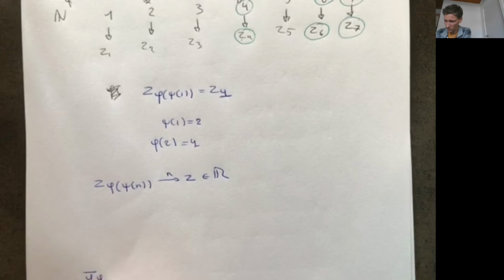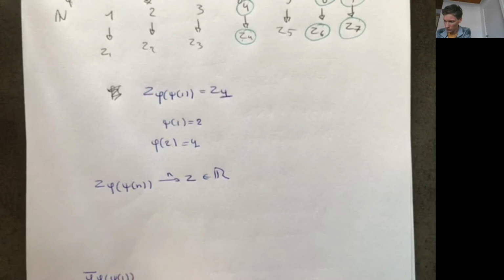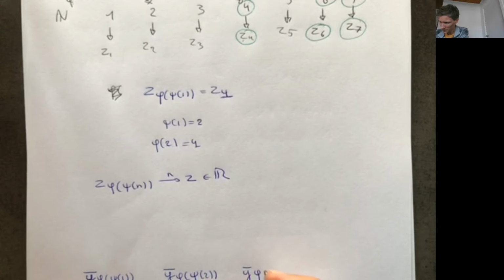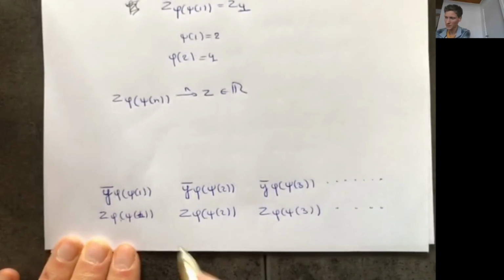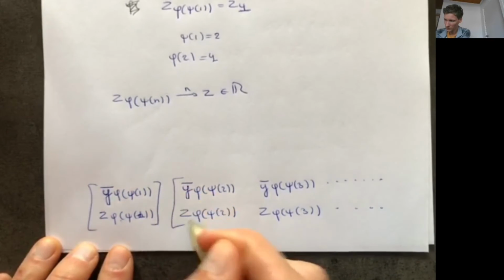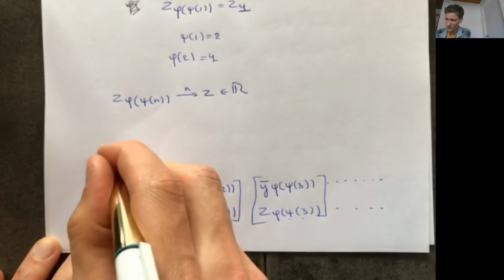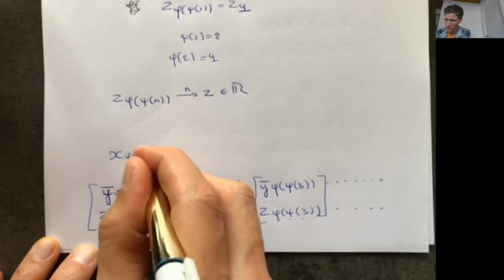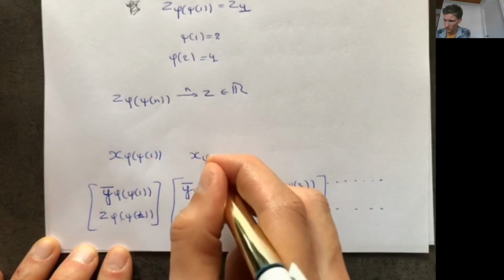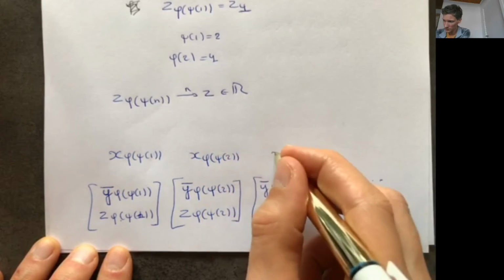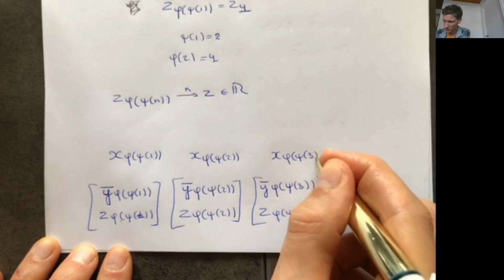So we can look at y of phi of psi of 1, y of phi of psi of 2, y of phi of psi of 3, and so on. Basically we look at the associated vectors of y's that correspond to this subsequence, and this is x of phi of psi of 1, x of phi of psi of 2, x of phi of psi of 3, and so on.